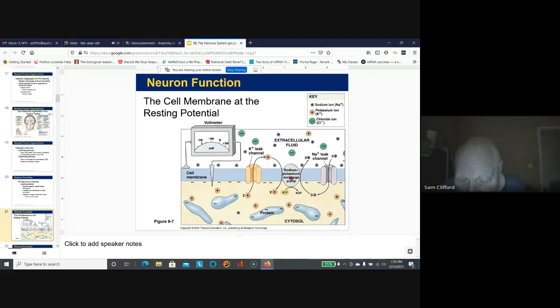This is an active process, and it's very important. The leak channels provide a constant movement of ions in and out of the cell, sodium in, potassium out, and that allows the pump to constantly regulate the amount of potassium in the cell and the amount of sodium outside the cell.